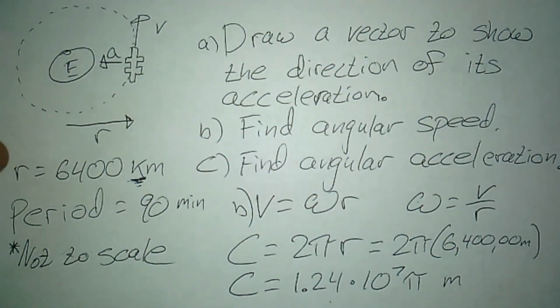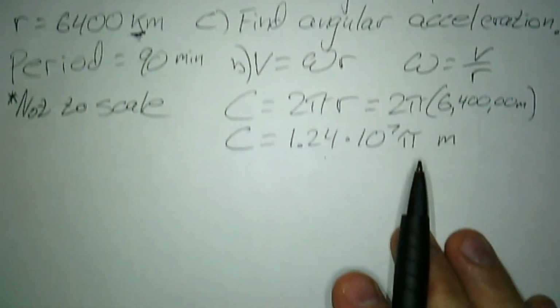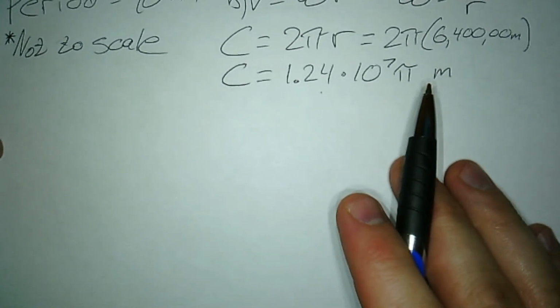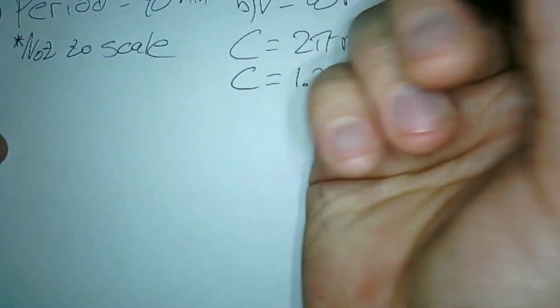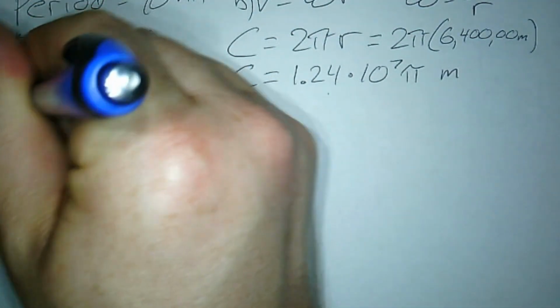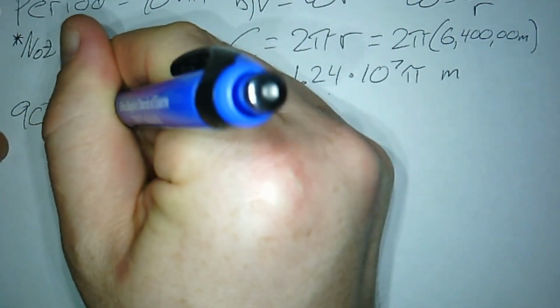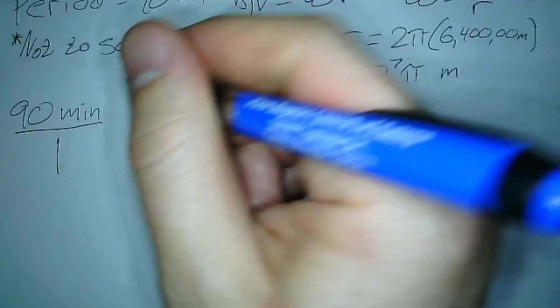So now if I divide that by 90 minutes, I have to convert that to seconds. So let's go ahead and do that. I know that there's 60 seconds in 1 minute. So if I have 90 minutes, I like to write things out when I do dimensional analysis, so it's over 1.